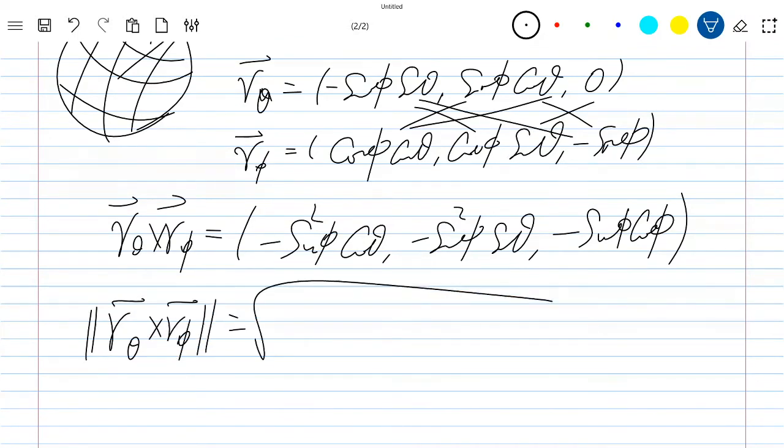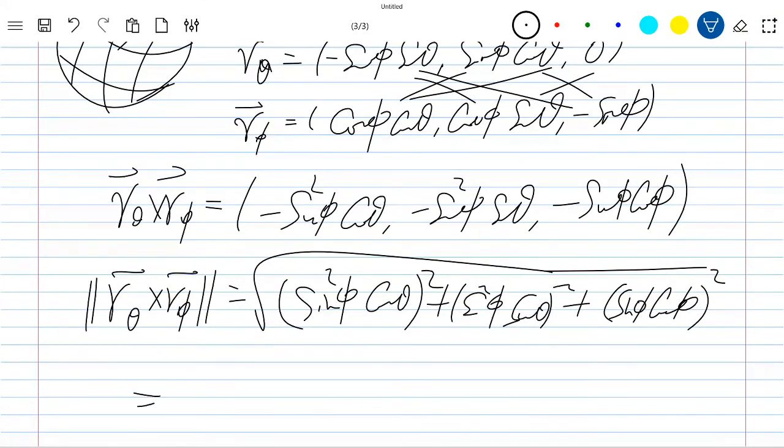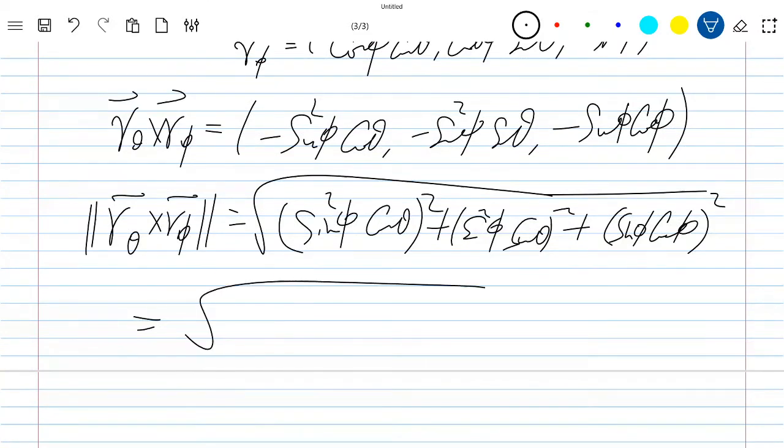So the square root of all together. The first is sine squared phi cosine squared theta, sine squared phi sine squared theta, and sine phi cosine phi squared. It's kind of complicated, but hopefully it's not too bad. So you have cosine squared plus sine squared, it's gone.